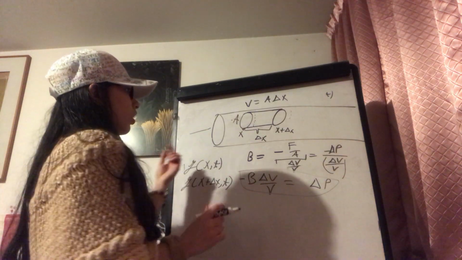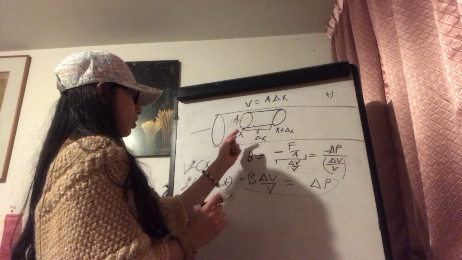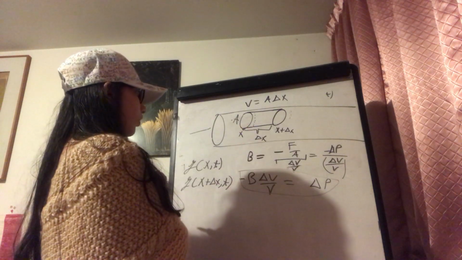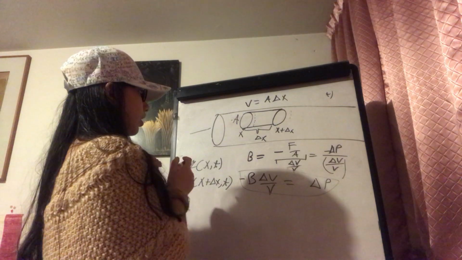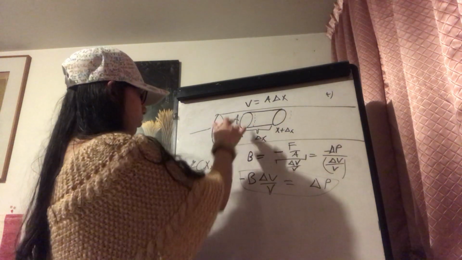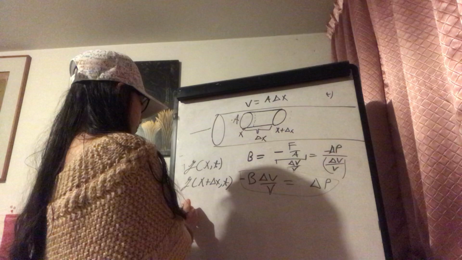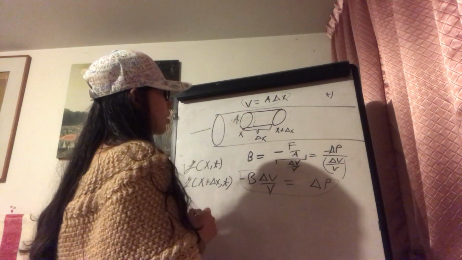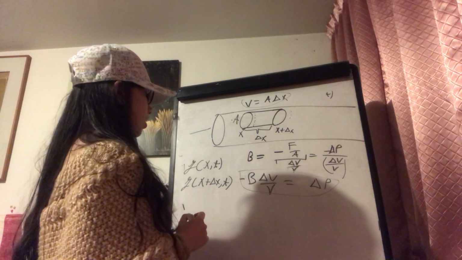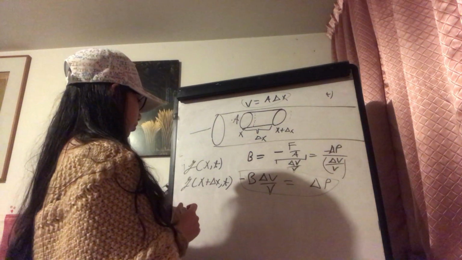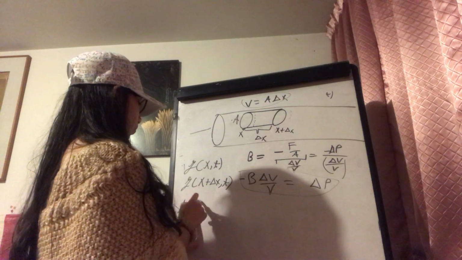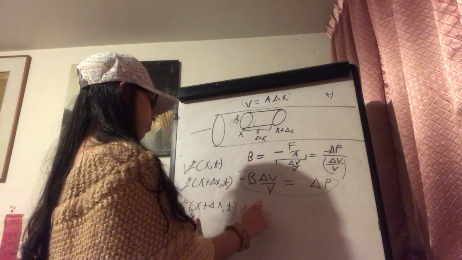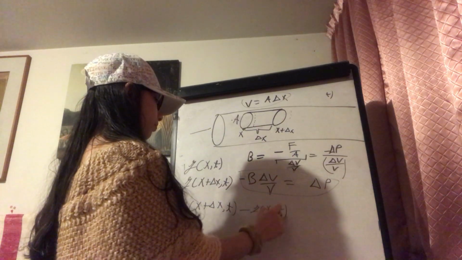So I have that dx is this distance. If I want the change in volume, the volume is A times delta x, and the change is y of x plus delta x, t minus y of x, t.